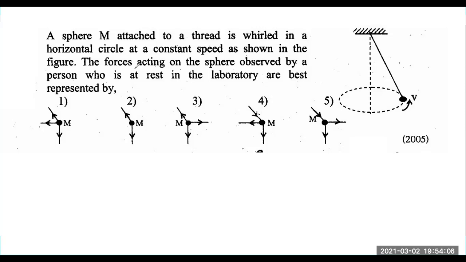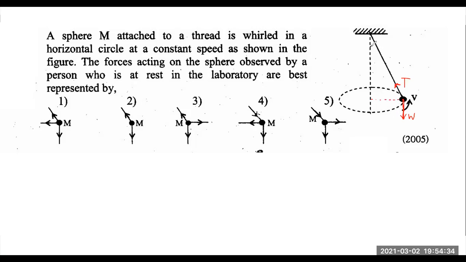The forces acting on the sphere, observed by a person who is at rest in the laboratory, are best represented by which diagram? How many forces are actually acting? The weight will be acting downwards, and the tension will be acting like this. That's all. You cannot mark the centripetal force as an extra force.